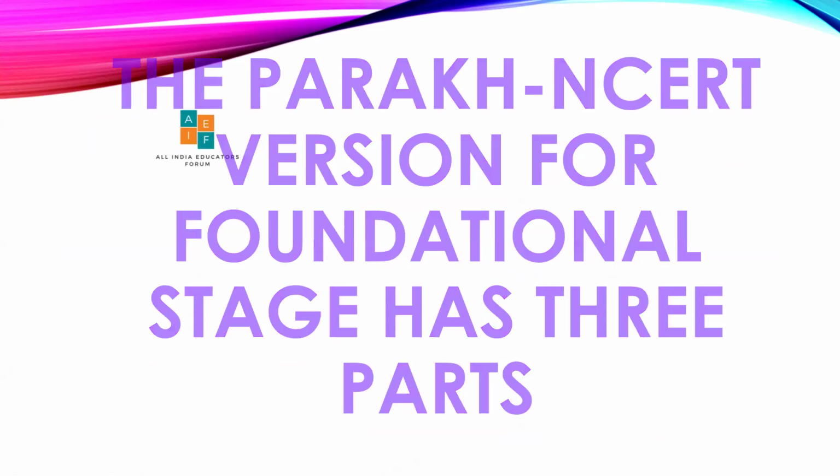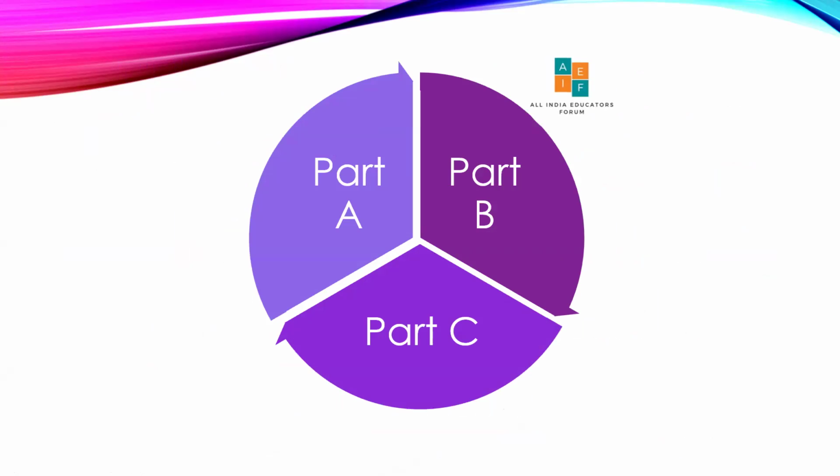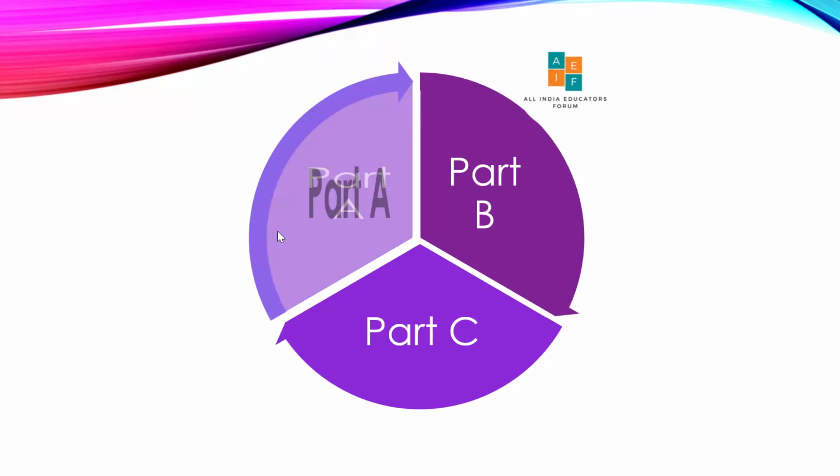Now, please, here you can take a screenshot of this: part A, part B, and part C. So these are the three parts of the report card, and part A is simple because it is the name of the child, the age, all the details that we have been filling over the years.